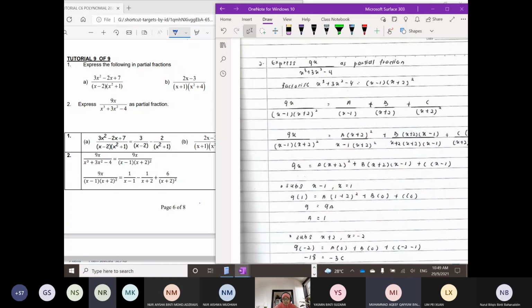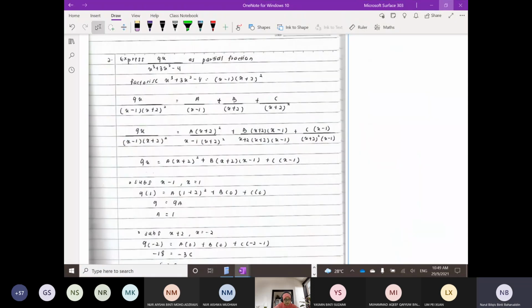Okay, good. Nadia, please explain for number 2. Express 9x over x cubed plus 3x squared minus 4 as partial fraction. What we need to look first, what we need to do? Saya tak pernah explain, madam. You need to try. Okay, cuba.